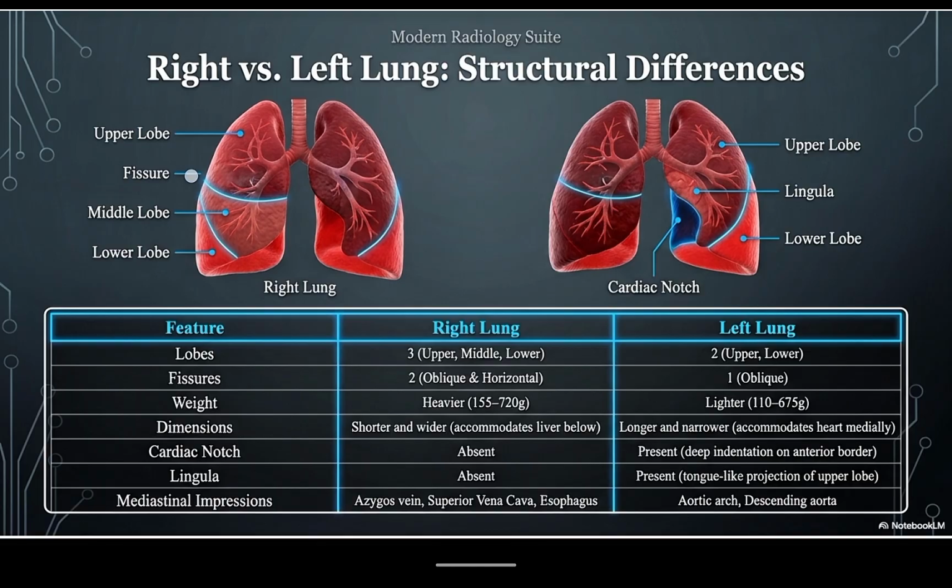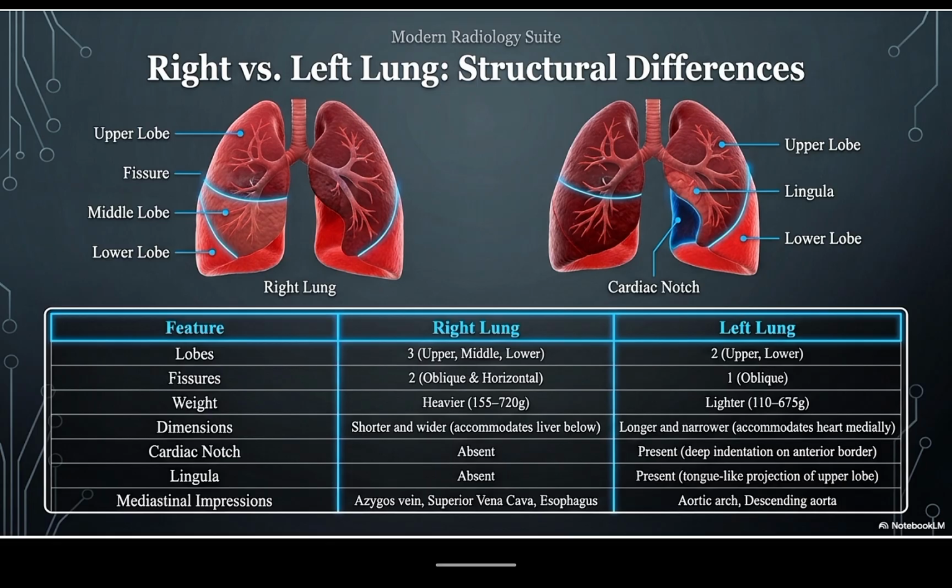We have features in the right lung and we have features in the left lung. For the right lung, we have two features, the horizontal feature and the oblique feature. In the left lung, we only have one feature, which is the oblique feature. These features are grooves that divide the lung into lobes.